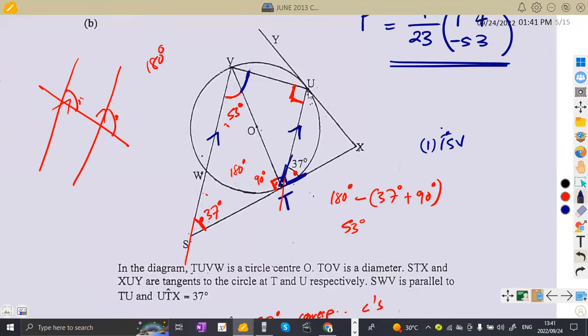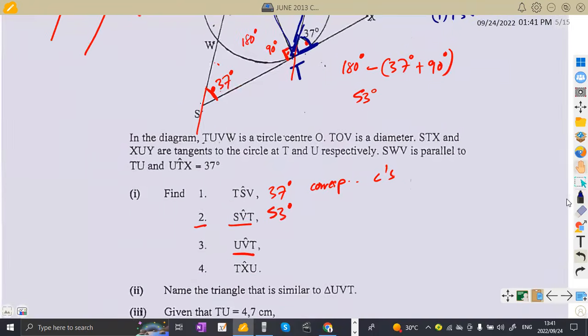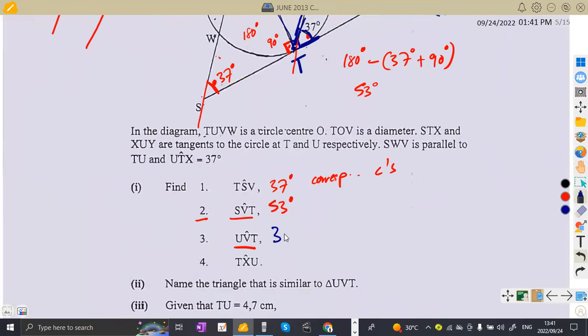Remember that the angle between a tangent and a chord is equal to the angle in the alternate segment created by that chord, which is the chord TU. So if this angle is 37, it means this angle is also going to be 37 degrees. So this is one of the most important theorems for you to remember, guys. That is the tan-chord theorem, the angle between a tangent and a chord, okay?